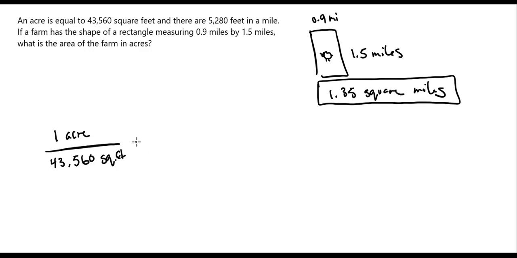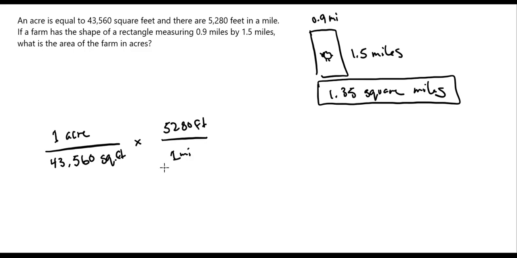They also said, I'm going to do a string of conversions here, that for every 1 mile there are 5,280 feet. So I haven't done anything here except take what they've given me in the problem and write it down as a small string of conversions. So 1 acre is made up of 43,560 square feet, whereas 5,280 feet makes up 1 mile.